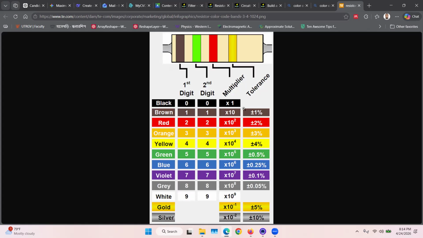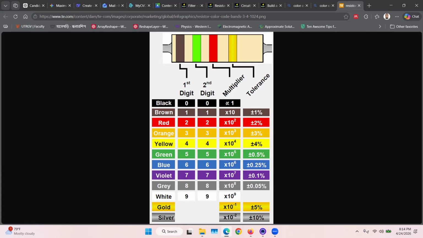Tolerance is nothing but the percentage of error of that resistance. The third color represents the power of 10, the second color represents a digit, and the first one also represents a digit. Different colors represent different digits.